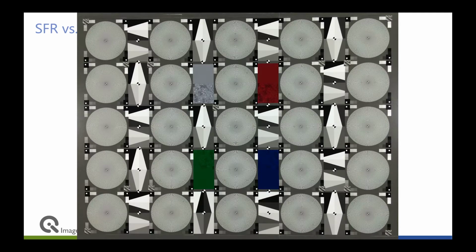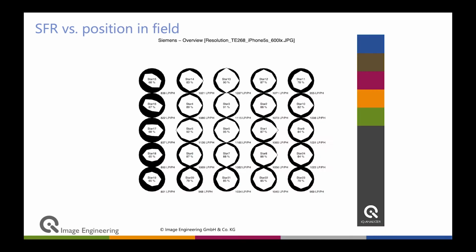An example here from a TE268, so a very robust test target, where you have 25 Siemens stars. So this target is used a lot for lens assessment, lens testing. So this image was captured and now analyzed with the IQ Analyzer software. And in this overview plot, you can see quite nicely that on the left side of the image, we have a problem.